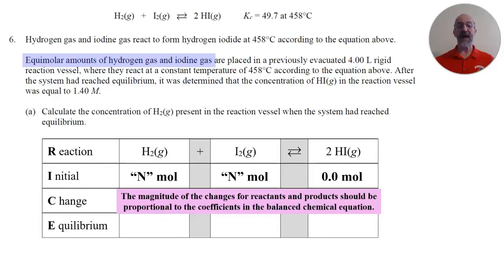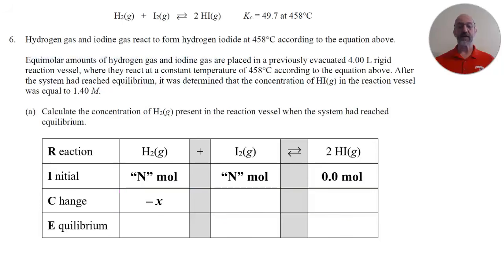So the magnitude of the changes would be x, x, and 2x: minus x for the hydrogen, minus x for the iodine, and plus 2x for the hydrogen iodide. Now, at equilibrium, we are told that the concentration of HI in the reaction vessel is 1.40 molar.